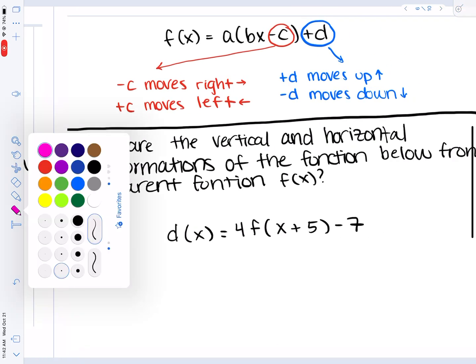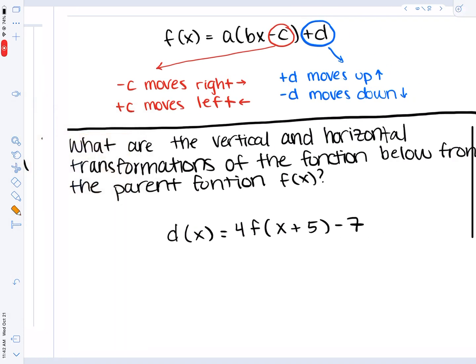So next example: what are the vertical and horizontal transformations of the function below from the parent function? Remember, vertical is up and down, horizontal is left to right. We're looking at d of x equals 4 f of parentheses x plus 5 parentheses, minus 7. We know this is inside of the house, so what is my c value?